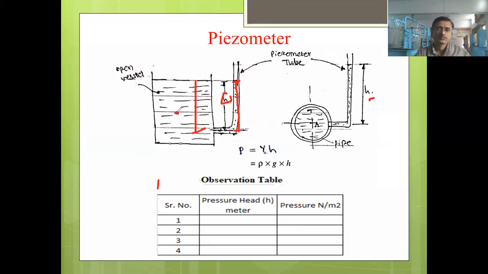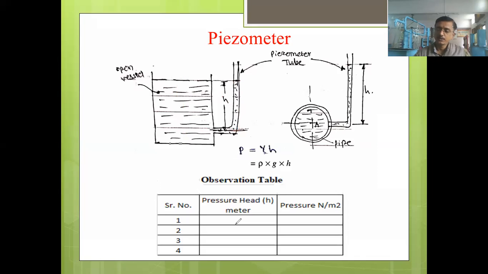At this point, this much will be the pressure head. At this point, this much. At this point, this total depth is the pressure head. For this pipe, the rise of the liquid inside the piezometric tube from the center of the pipe is called H, and that is pressure head. We find P is equal to gamma H, P is equal to rho G H. By using this formula, we find pressure.